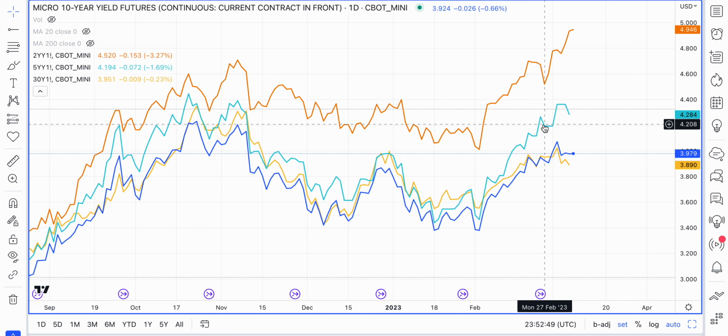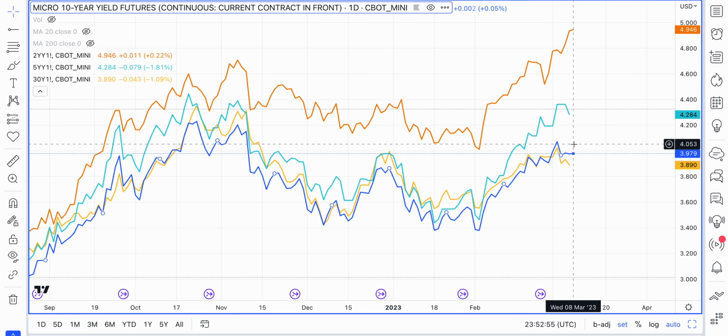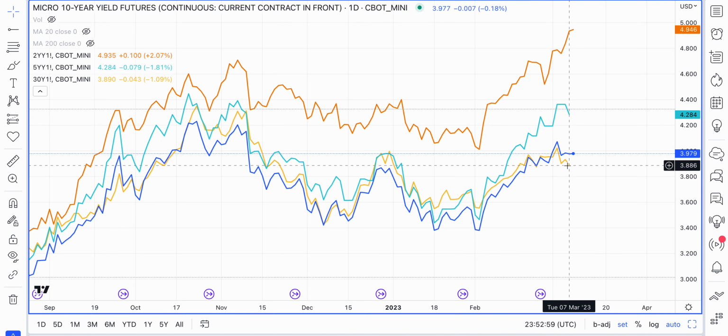The cyan color is the 5-year treasury note. The blue line is the 10-year treasury note. And then finally we have this orange line, which is the 30-year long bond.